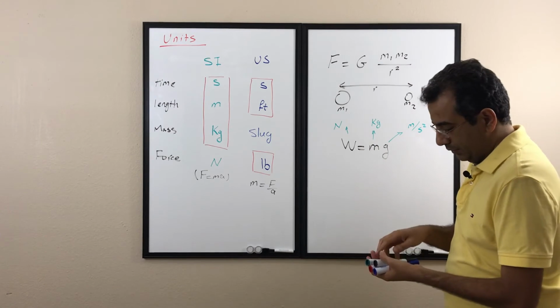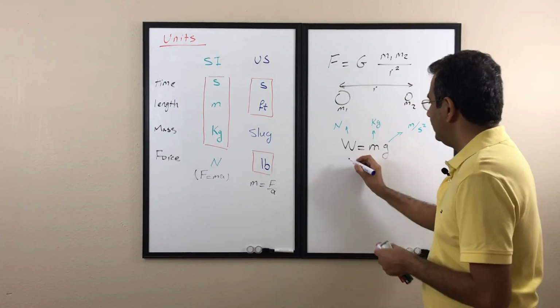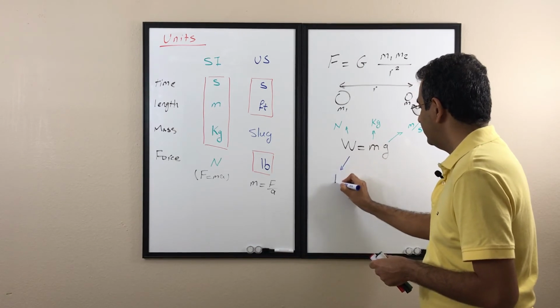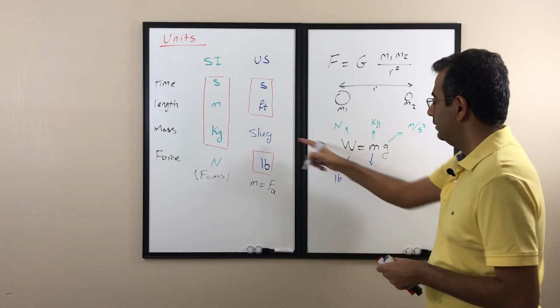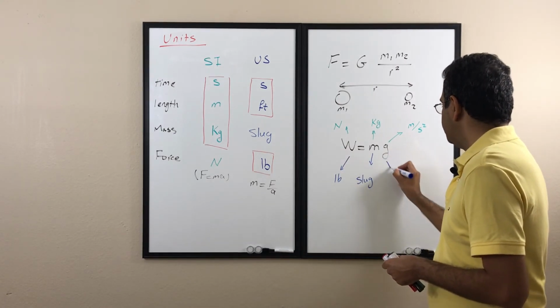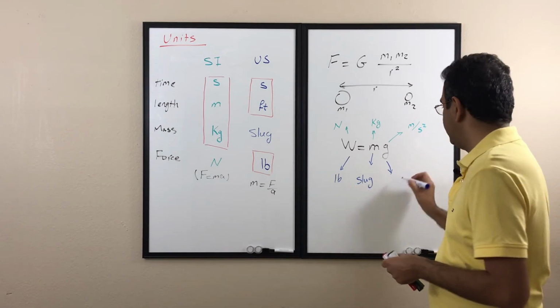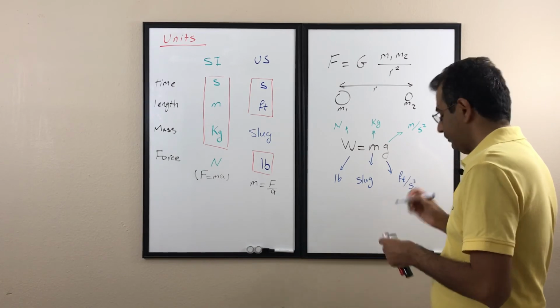In the US unit, the weight is pound, and the mass, like here, is going to be in a slug, and G is foot per square second.